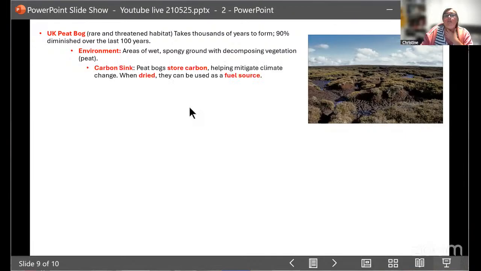So what we know is that that is a carbon sink. So this is where I think they could bring in the carbon cycle part of the ecosystems part of it. So the carbon sink is that the peat bogs will store carbon. We know that carbon gets cycled in the carbon cycle in the fact that the carbon dioxide gets fixed in photosynthesis.